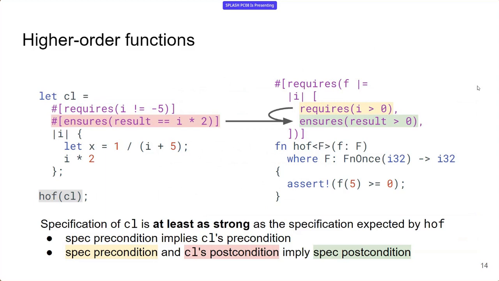And well, these two implication checks might be familiar to you. This is, of course, a behavioral subtyping relation. So basically, we notice that it makes sense for specifying higher order functions to, let's say, limit the closures not by just the signature, but also by the contract that we expect. And of course, then this call is in fact valid.